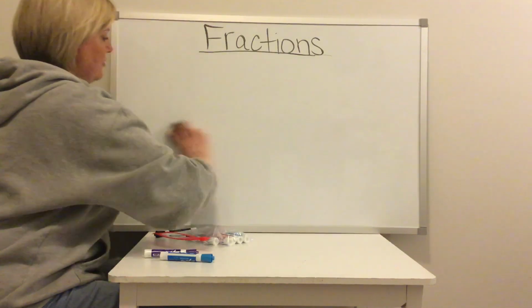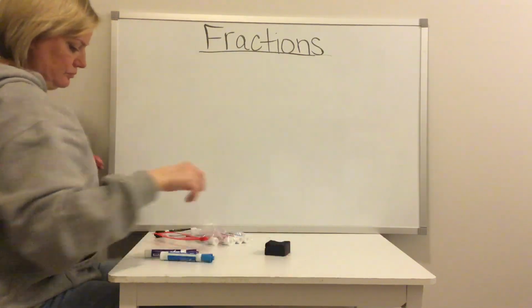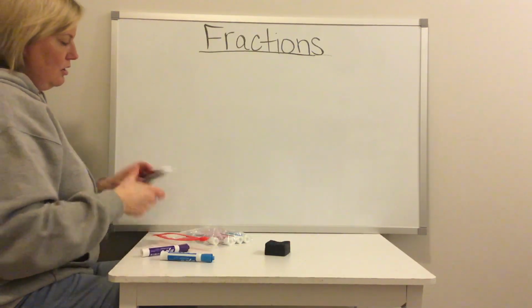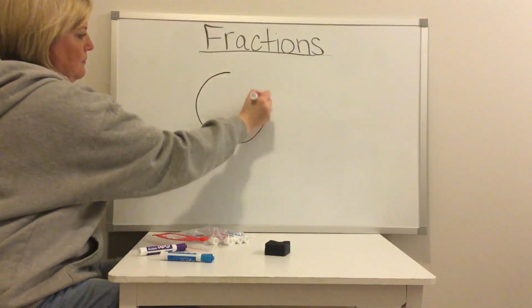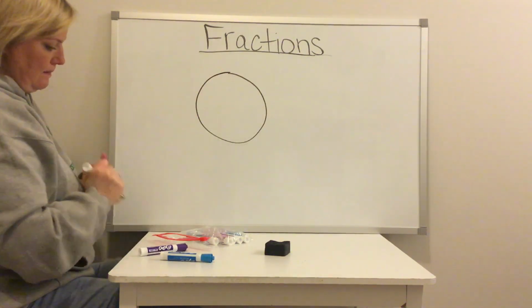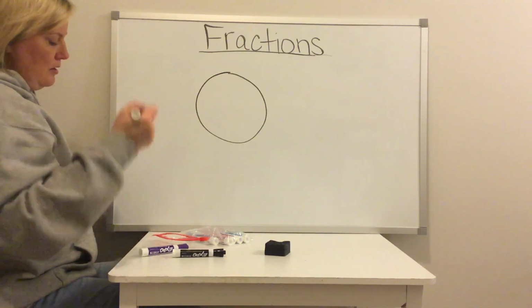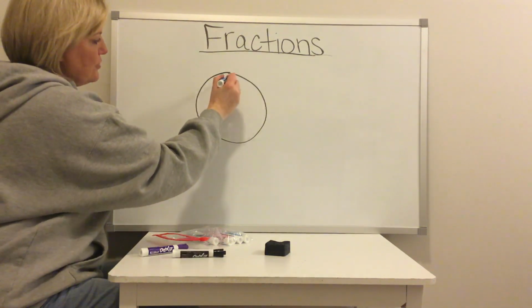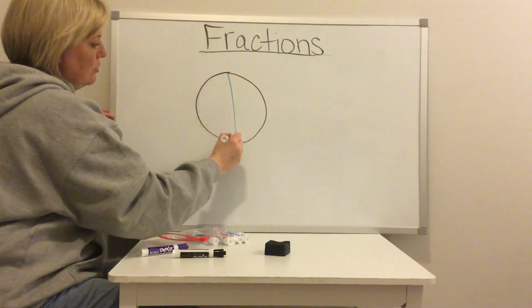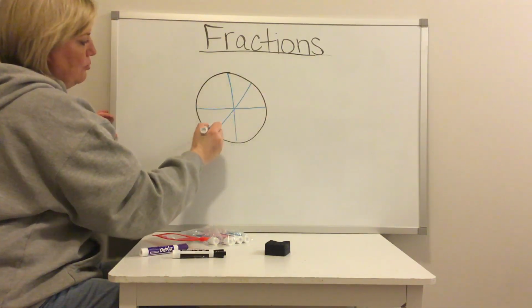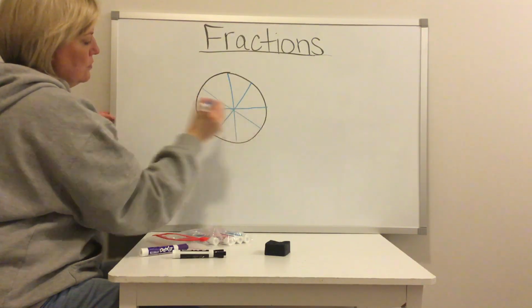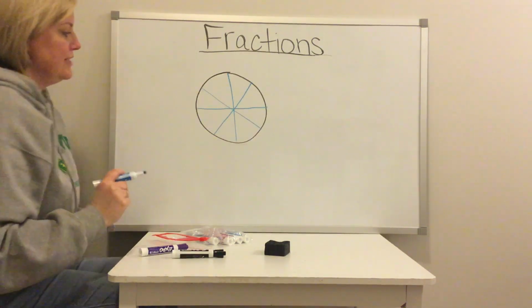Now let's try another example. I'm going to do a circle this time. I'll divide that circle into equal pieces, okay, or somewhat equal pieces.